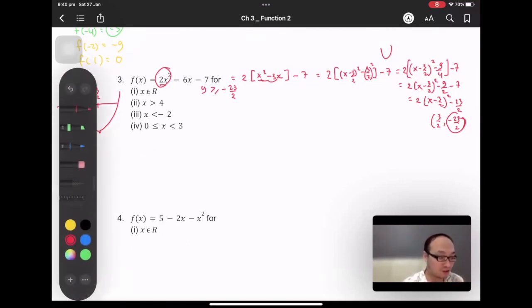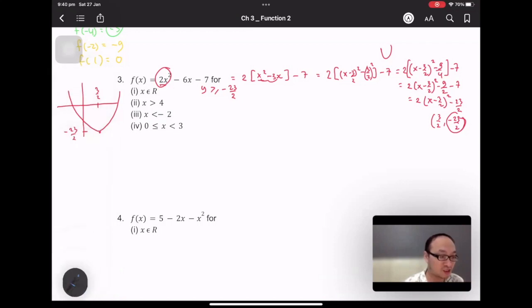Now, x greater than 4. So find f(4). So f(4) is, we put 4 here. 4 squared is 16 times 2, 32. 32 minus 24 is 8 minus 7 is 1. So f(4) is 1.